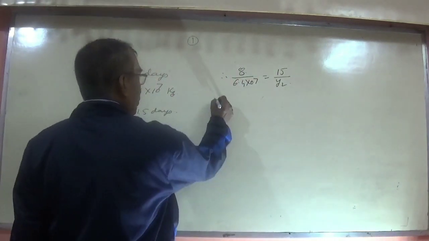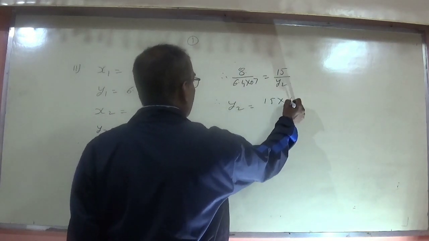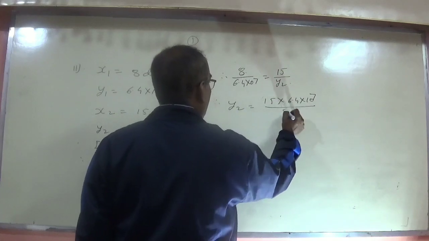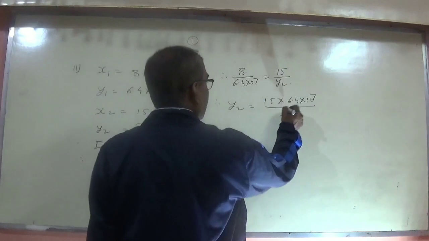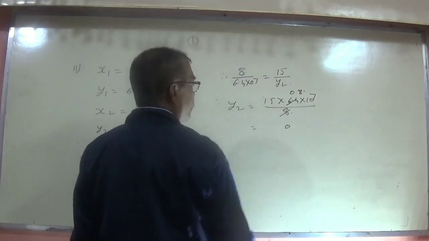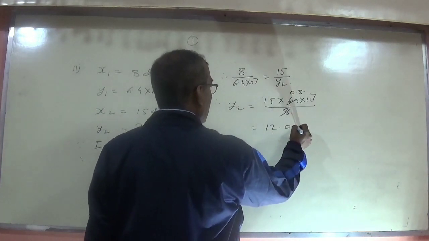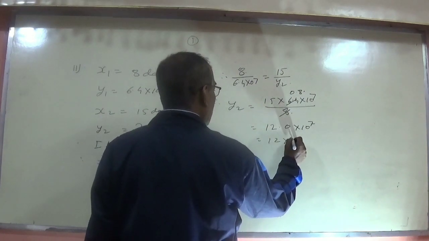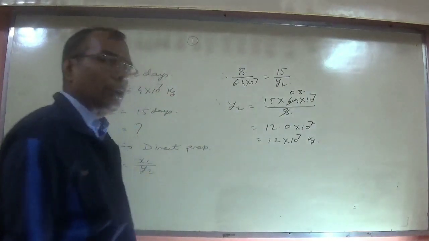After cross multiplication, find the value of y2: 15 into 6.4 into 10 to the power 7 by 8. 8 8s are 64, 5 8s are 40, which gives 12.0 into 10 to the power 7. That is, 12 into 10 to the power 7 kilogram of dust the earth will accumulate.